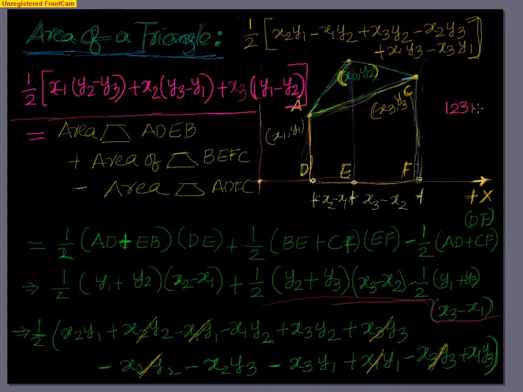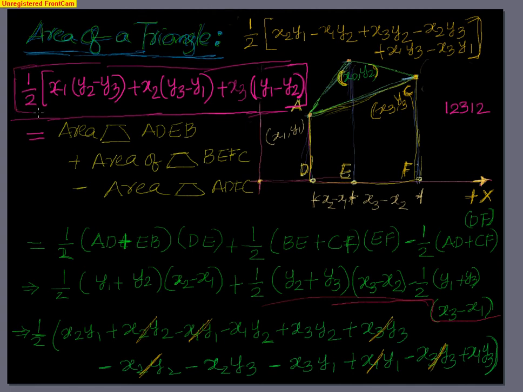First one will be x, second one will be difference of y's. This is the formula for area of triangle, right? Okay, so what we will do in the next video, we'll do a couple of problems where we can see how to do sums based on this particular formula.